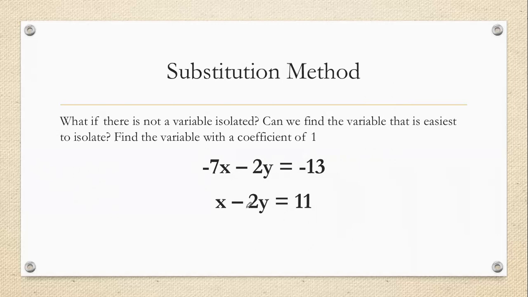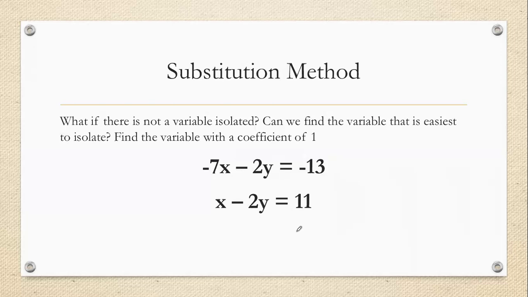Give me 1 second. So negative 7x minus 2y equals negative 13. X minus 2y equals 11. Do we have an isolated variable this time? Does it say x equals or y equals something? No, we don't have that this time. So we need to make that happen for us.